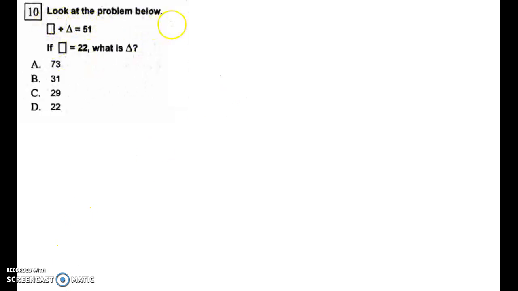Number 10 says, look at the problem below. A rectangle plus triangle equals 51. If rectangle equals 22, what is triangle? We're just going to substitute this in. So instead of rectangle, we're going to have 22 plus our triangle equals 51. Instead of triangle, I'm just going to write a variable, M, because it's the same thing. Equals 51.